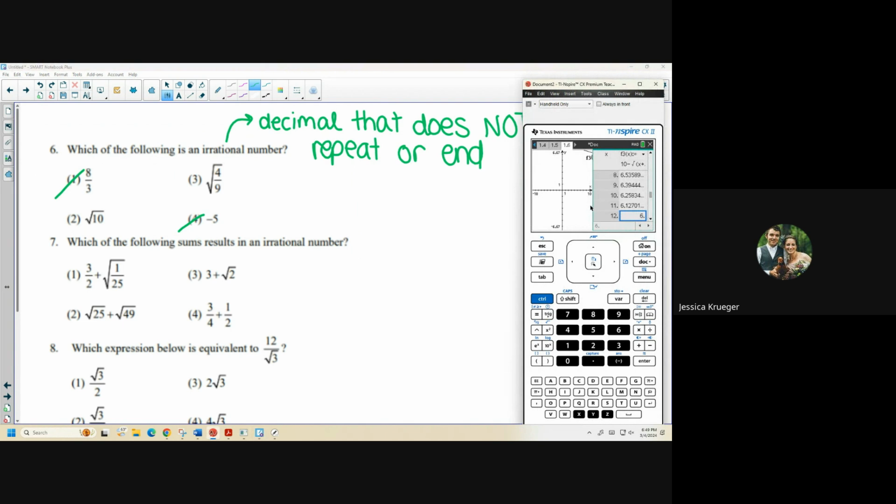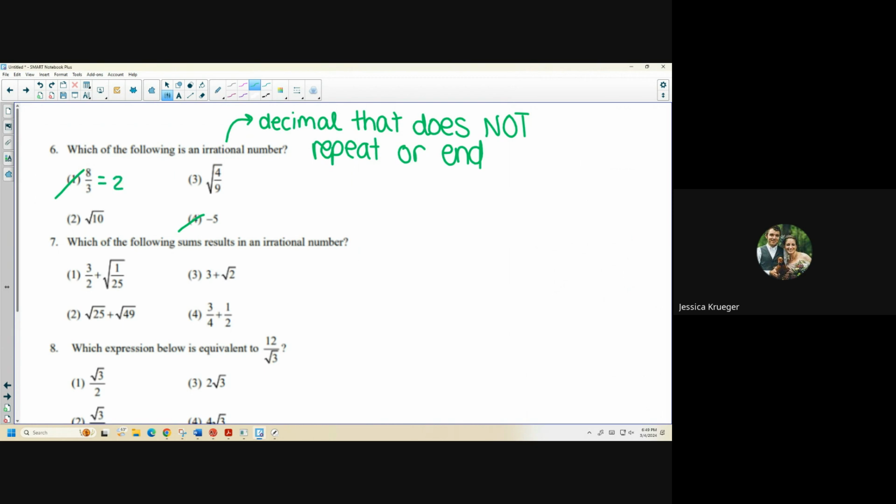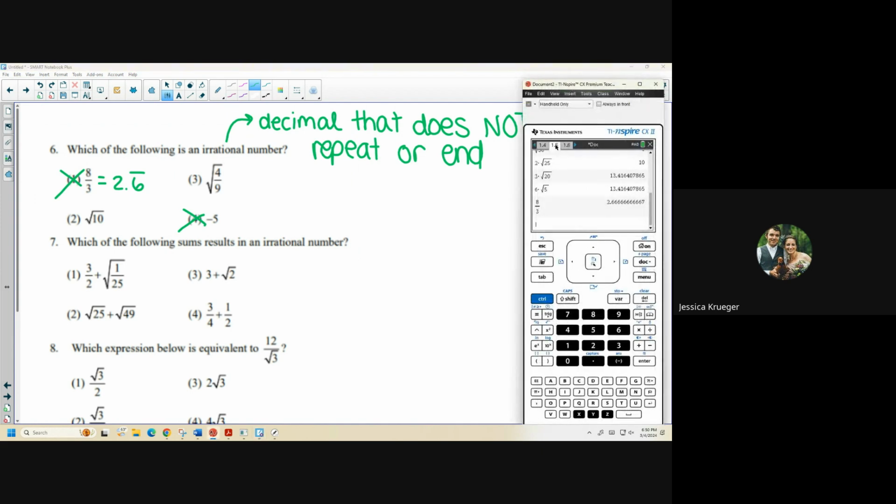Okay. Just to go back a minute, if I type in 8/3 and hit Control Enter, I end up with this decimal, 2.6 repeating. So 8/3 is 2.6 repeating. That's a repeating decimal. Therefore, it is rational. 3, I want to go ahead and enter in my calculator and see what it is. So I'm going to put a square root.